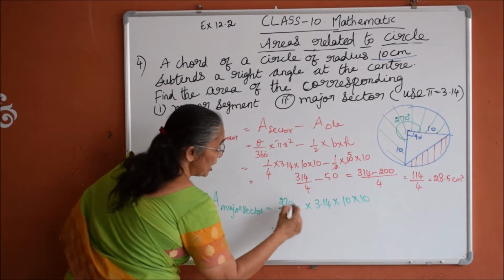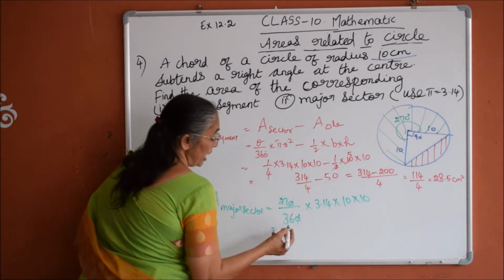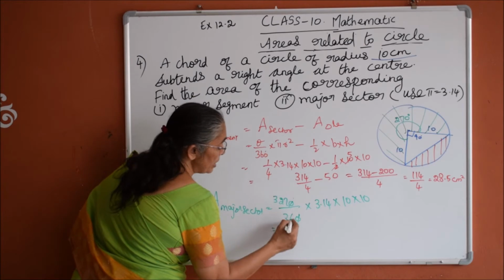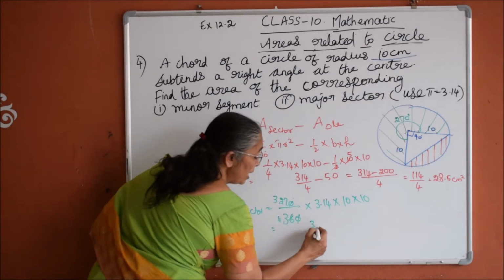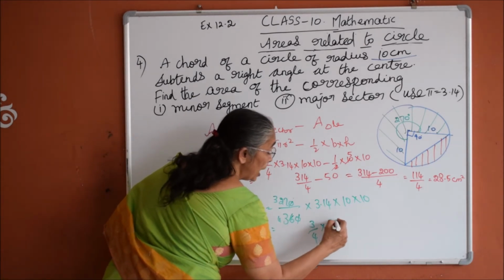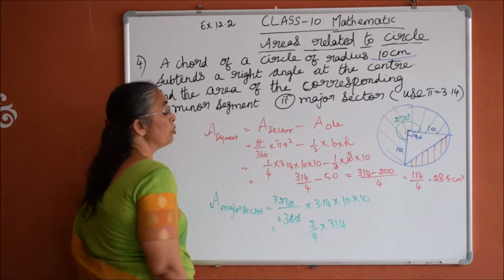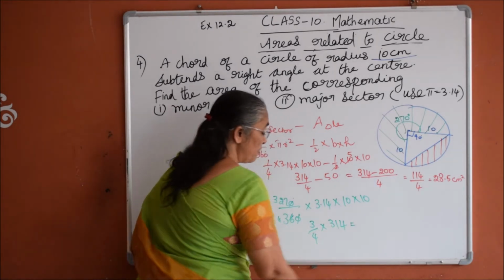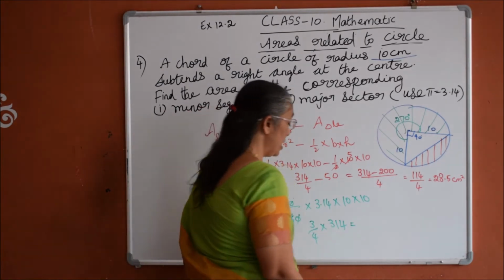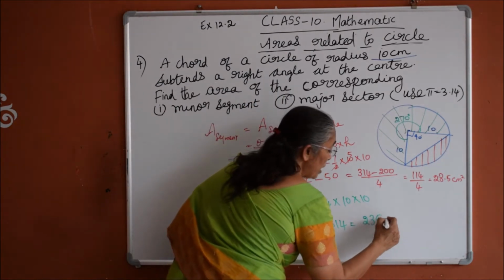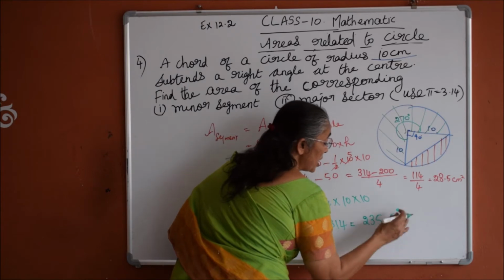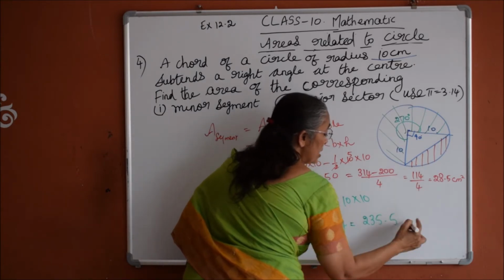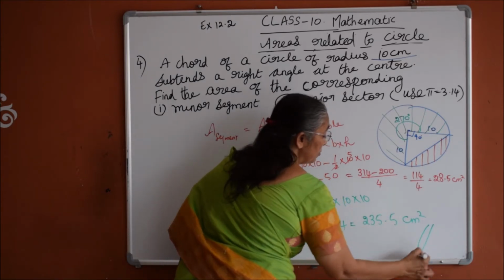So, this simplification is 3/4 of 314, with the decimal point moving for 10 and 10. On simplification we will get the answer as 235.5 centimeter square.